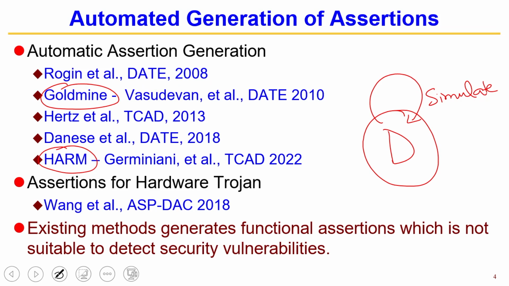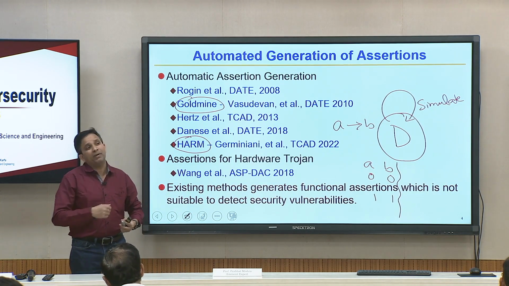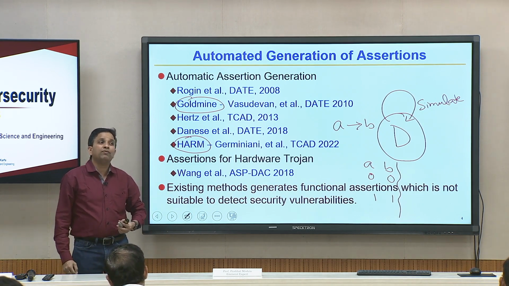For example, say you are building a truth table for A and B, and it observes whether it is possible that when A is 0, B is 0, when A is 1, B is 1, and so on. After observing, it tries to figure out an invariant that A implies B, that whatever the value of A at a specific clock cycle, B also has the same behavior. Instead of a designer or somebody analyzing the circuit, it is figuring that out based on the simulation traces.